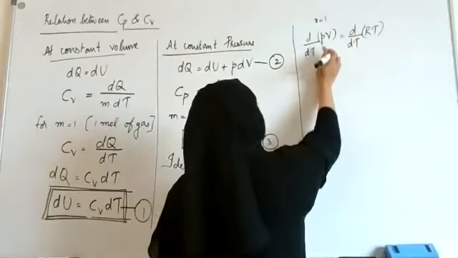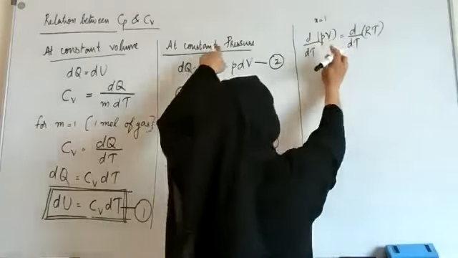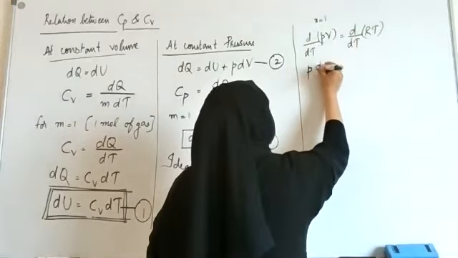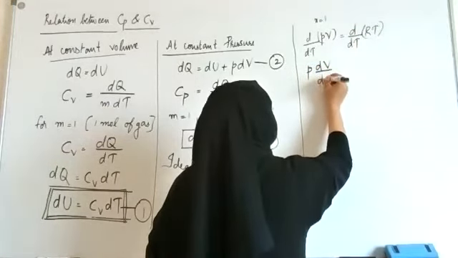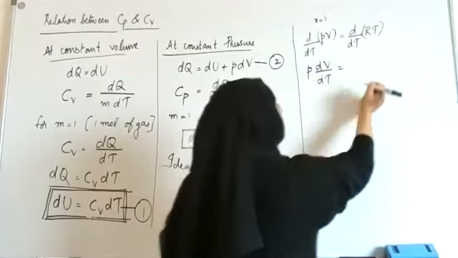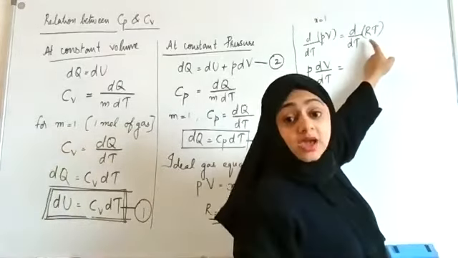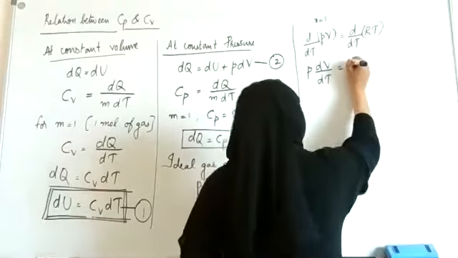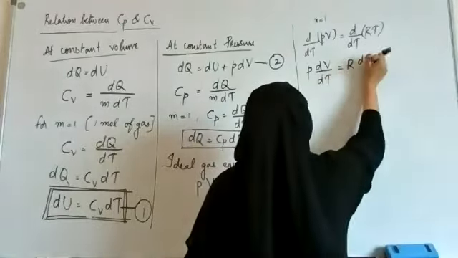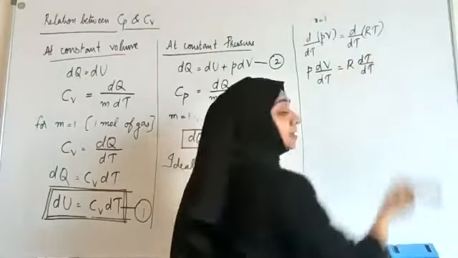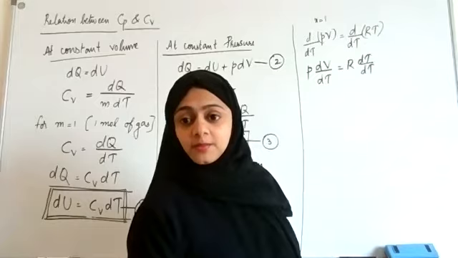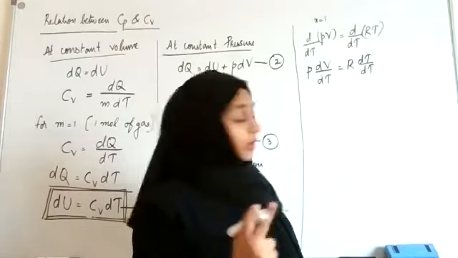Now P is a constant. We are considering a constant pressure. So P will come out. So it will become dV by dT. And this is equal to R, the universal gas constant, so it can come out of the derivative, R into dT by dT. What is dT by dT? 1.